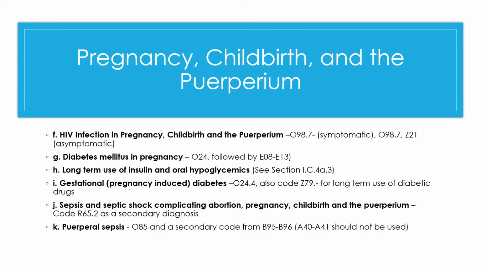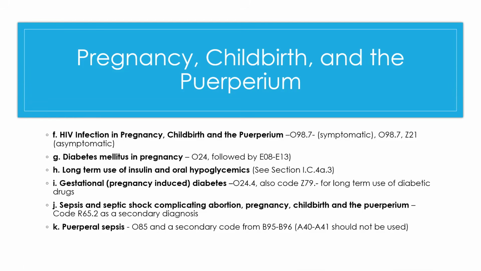Puerperal sepsis. Code O85 for puerperal sepsis should be assigned with a secondary code to identify the causal organism. For example, for bacterial infection, assign a code from category B95 through B96, bacterial infections and conditions classified elsewhere.